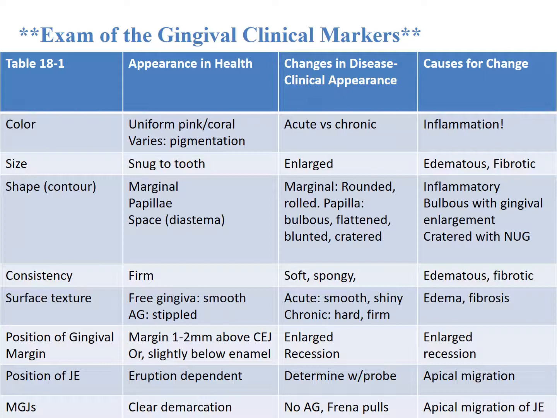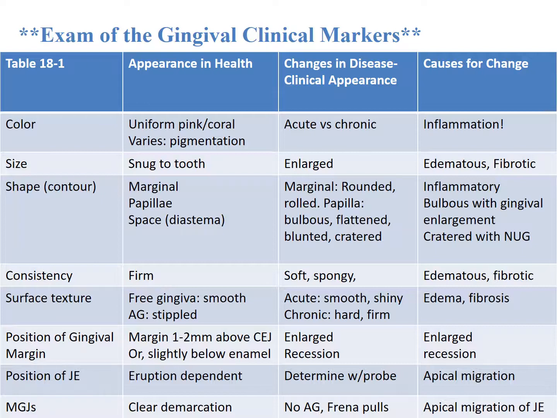All right, changes in disease, clinical appearance. You're going to have to note whether it's acute or chronic. Okay, so acute is going to be more red. Chronic is going to be just a little more fibrous. Okay, and the change is due to inflammation. Now, if it's enlarged and not snug to the tooth, say it's a little spongy in there, we're going to call that edematous or fibrotic.